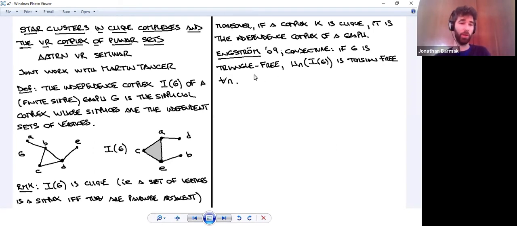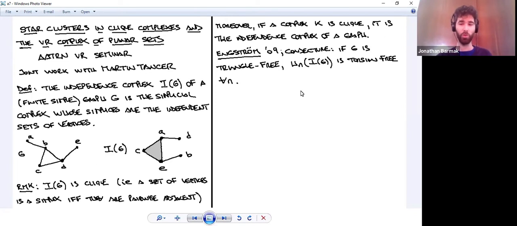A graph is triangle-free if there is no subgraph which is a triangle. There was a conjecture of Alex Engström in 2009. He conjectured that if a graph is triangle-free, then the independence complex should not have torsion in the homology in any degree. All these homology groups should be torsion-free.